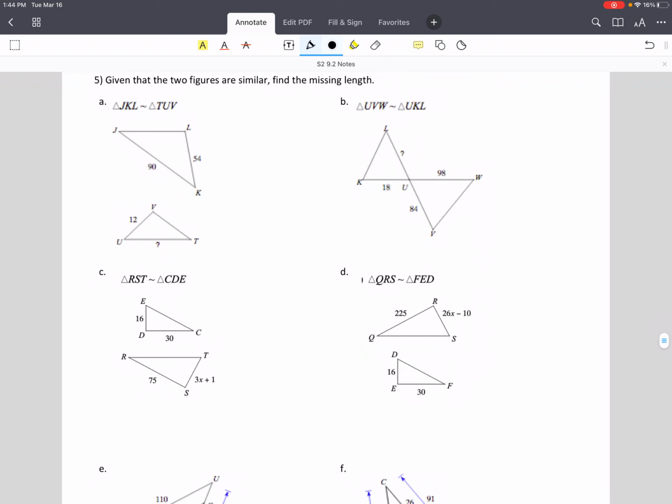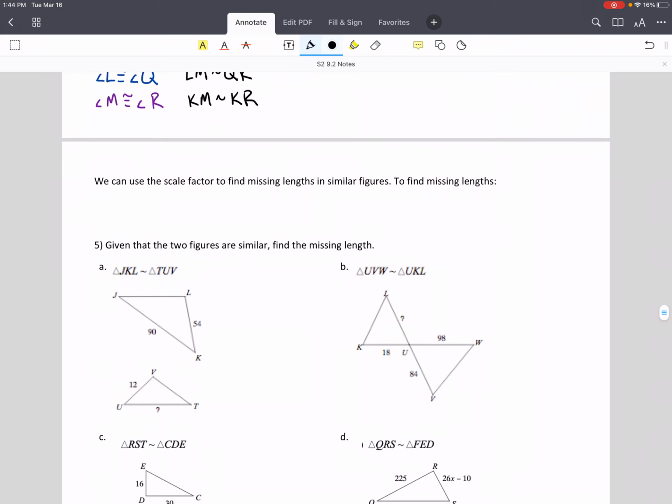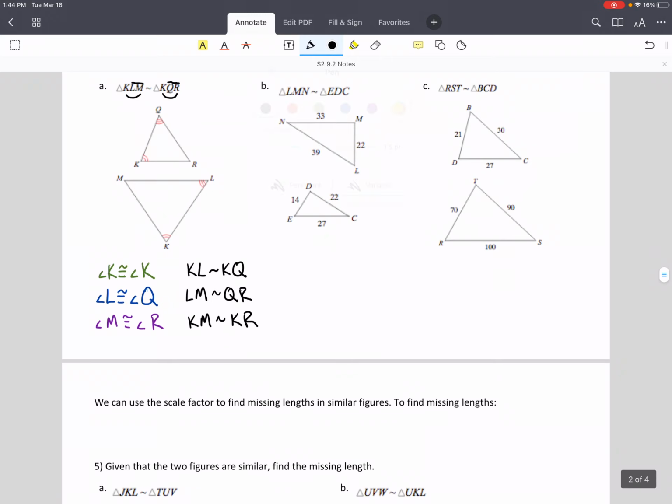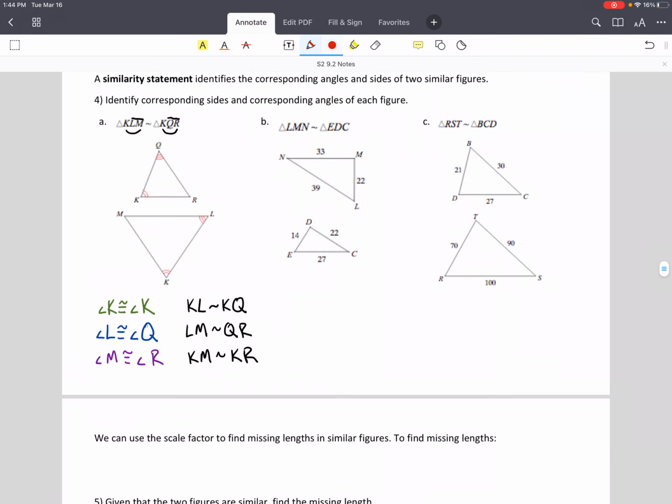Okay. Here's something I'm actually going to point out up here. Looking at part B here and looking at my similarity statement, I see that side LM goes with side ED. Something I notice about those two lengths, in triangle LMN, 22 is the smallest side. Between 22, 33, 39, 22 is the shortest. Well, in DE, 14 is the shortest of that triangle.